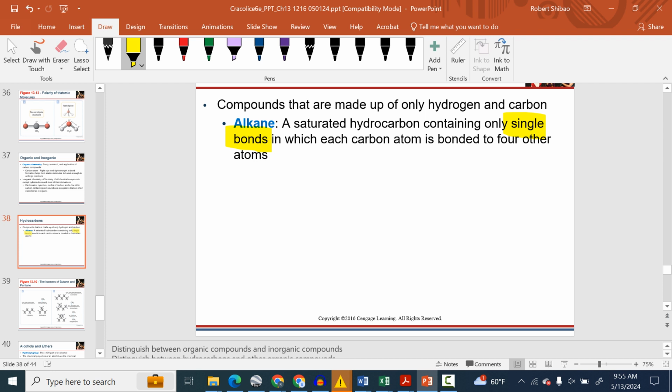The alkenes will have a double bond, and the alkynes would have a triple bond. Alkynes is spelled with a Y: K-Y-N-E-S.